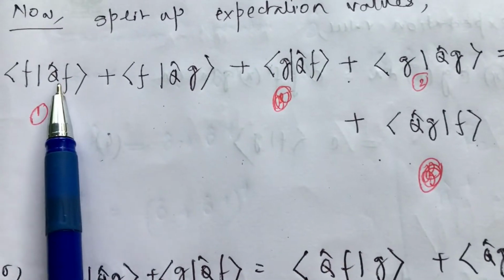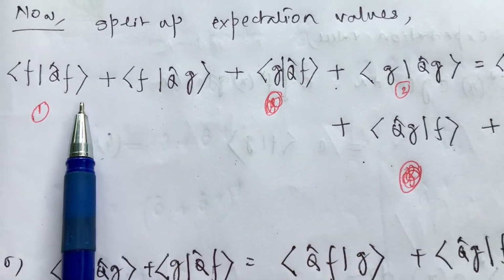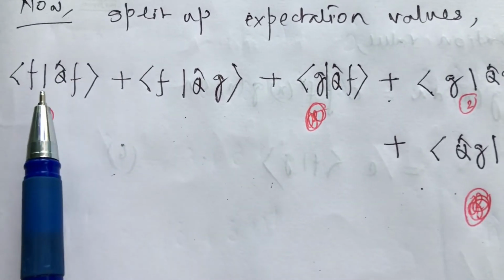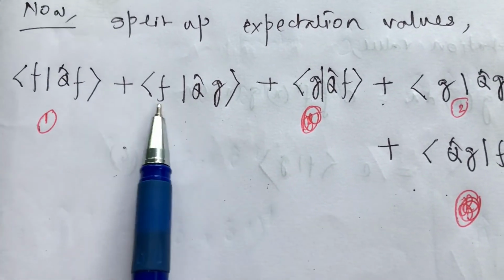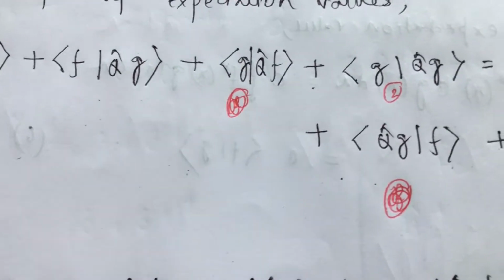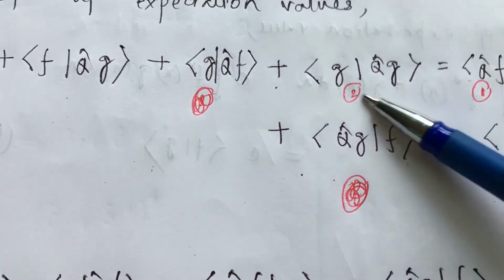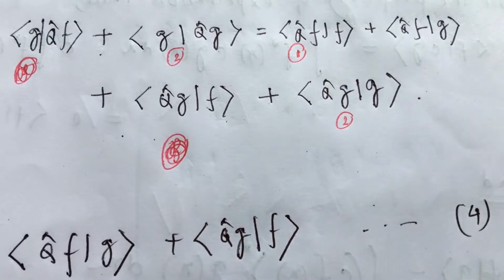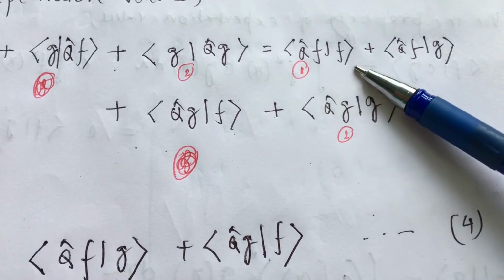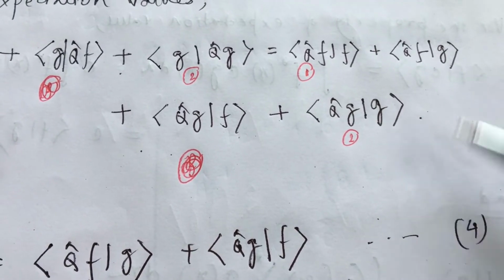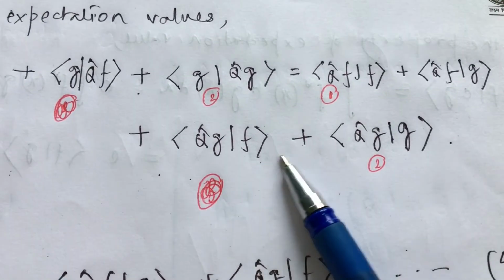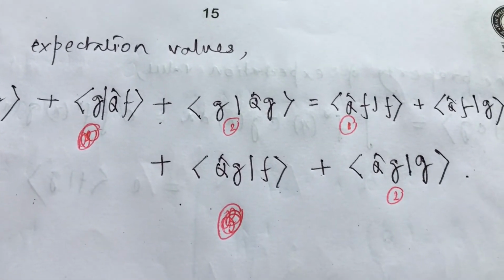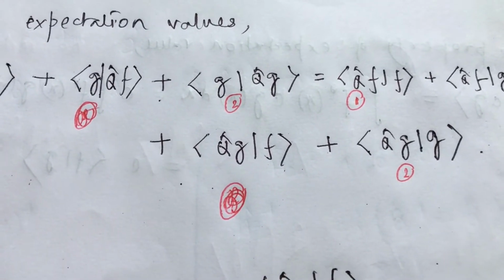Doing some simple algebra, I get 4 terms on the left hand side: fQf plus fQg plus gQf plus gQg. Similarly, the right hand side has 4 terms: Qff plus Qfg, and then Qgf plus Qgg. I have already taken equation 1 to be correct.